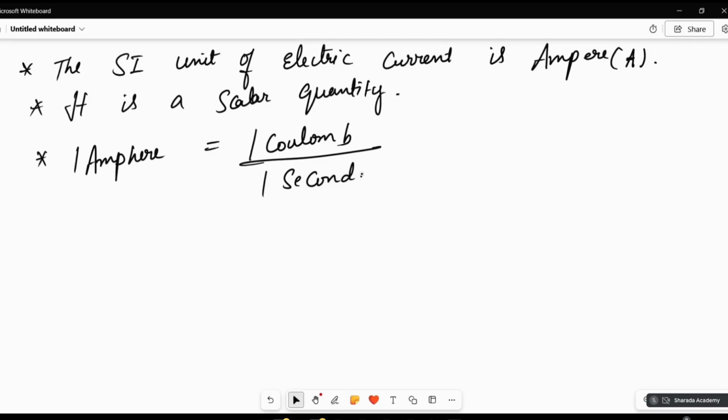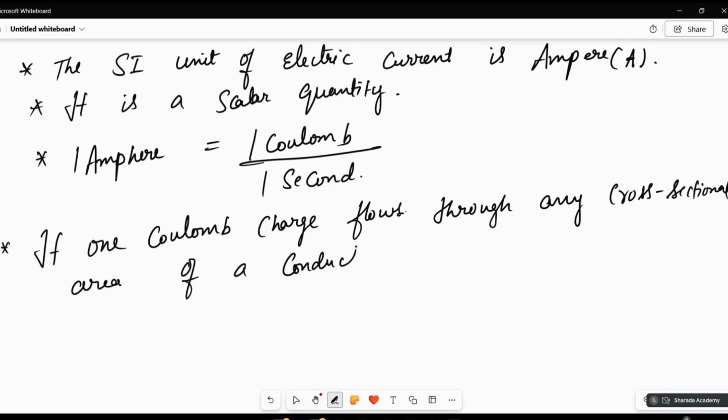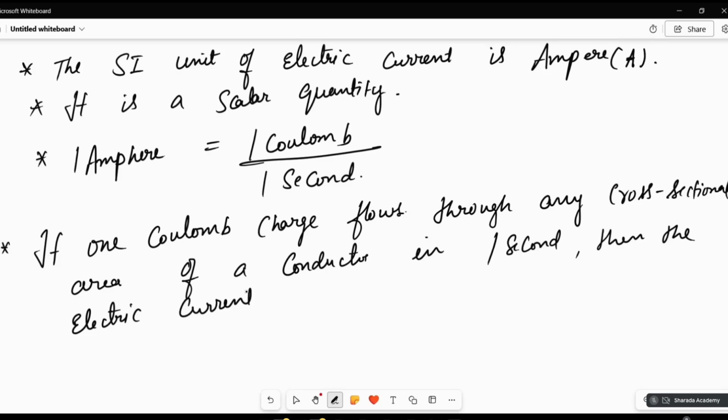That is, if 1 coulomb of charge flows through any cross-sectional area of a conductor in 1 second, then the electric current is said to be 1 ampere.